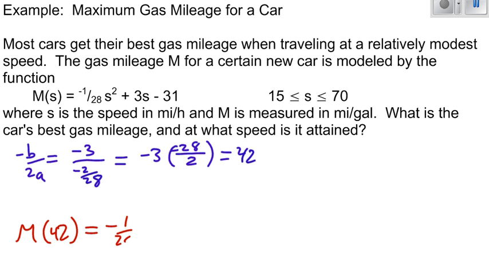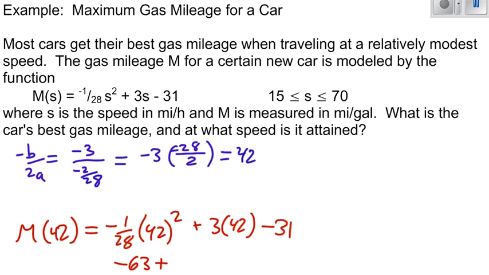So negative 1 over 28 times 42 squared plus 3 times 42 minus 31. That gets negative 63 plus 126 minus 31, which is 32.